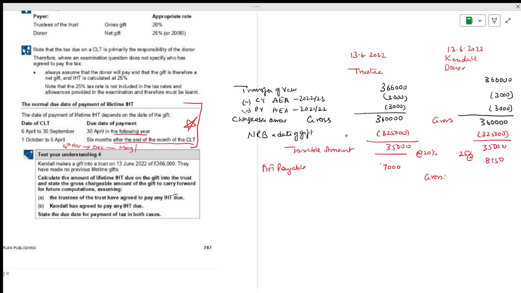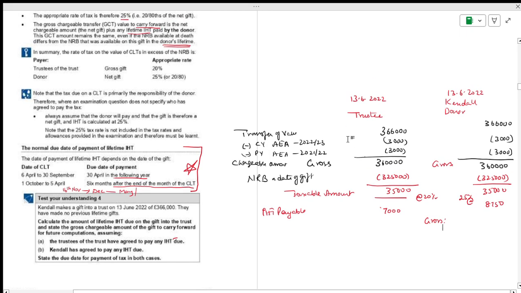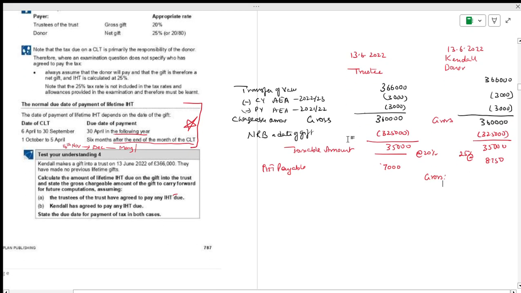Gross will be less. 360 times 80 divided by 20.